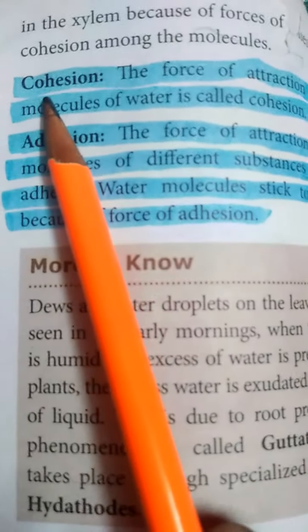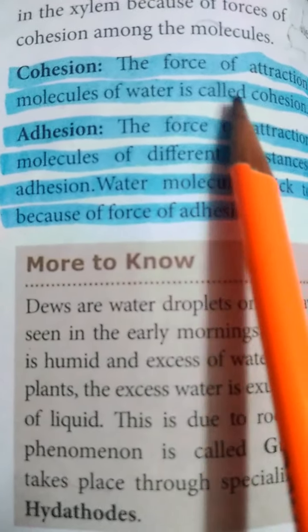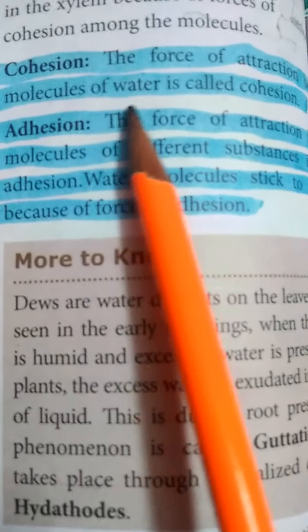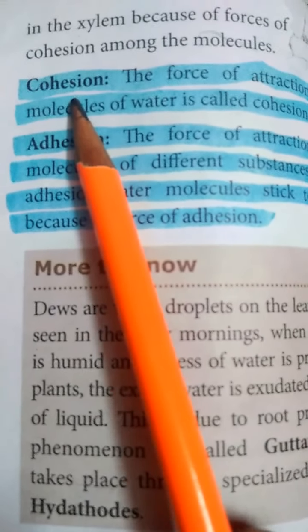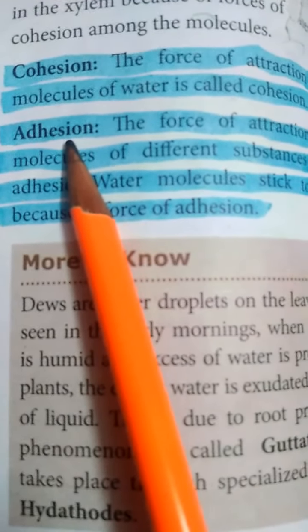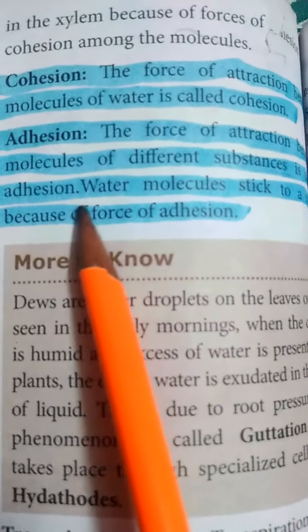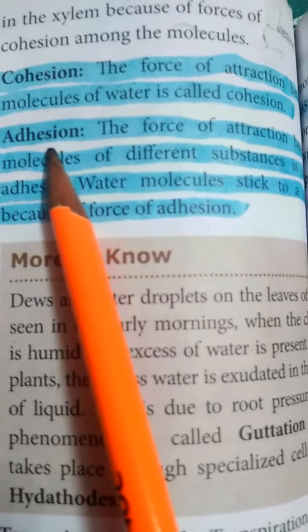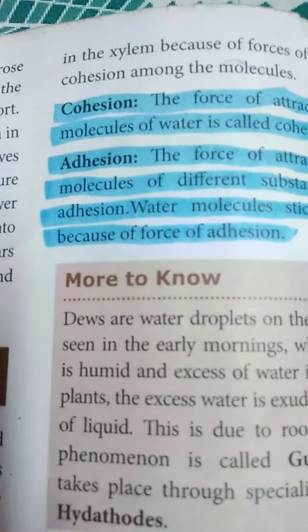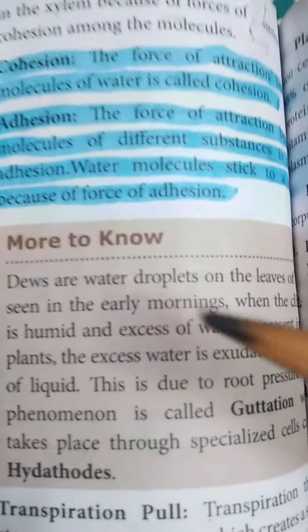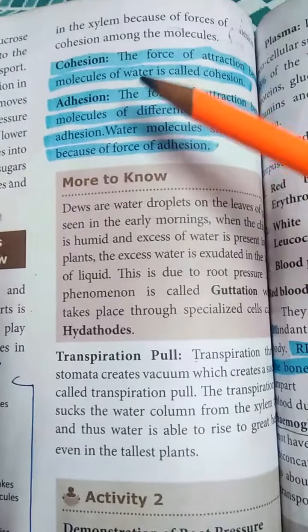So cohesion is the force of attraction between the water molecules, joined together. And adhesion is when molecules of different substances are attached together. So the next factor which helps in the upward movement of water is cohesion and adhesion.